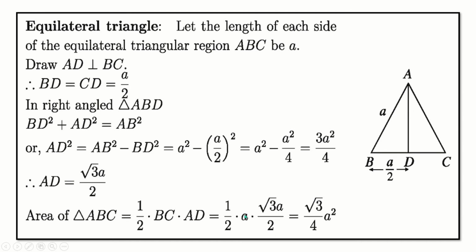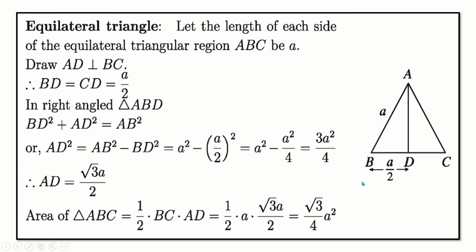Now a square, and 1 into root 3 means root 3, 2 into 2 means 4. That means this equals root 3 by 4 a square. This is the required area of an equilateral triangle.